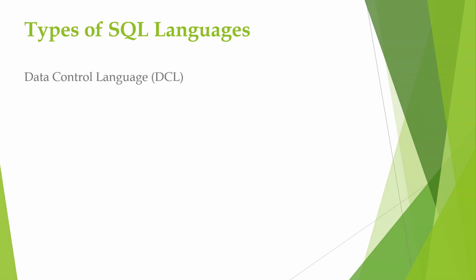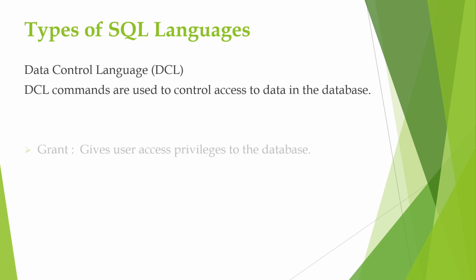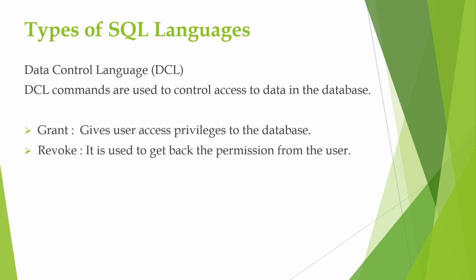Next type which we have is data control language. In this data control language, we have the commands like grant and revoke. We make use of the grant command to give access to someone or a user.